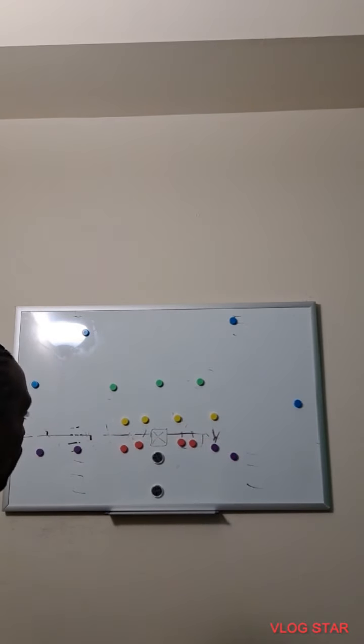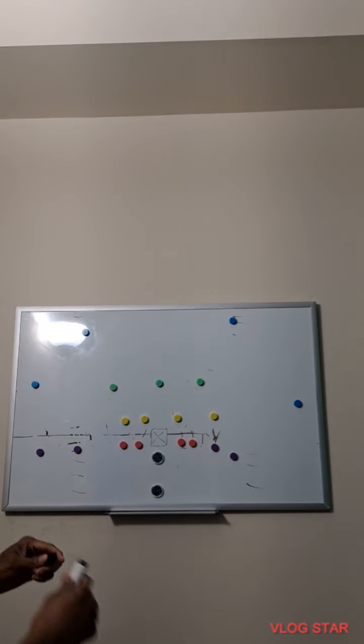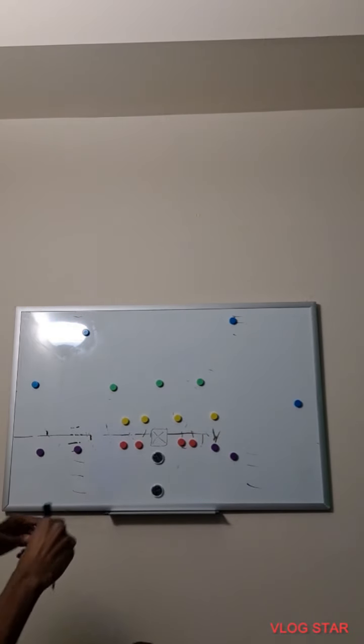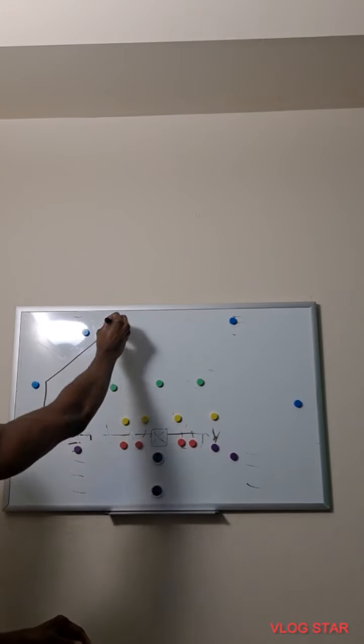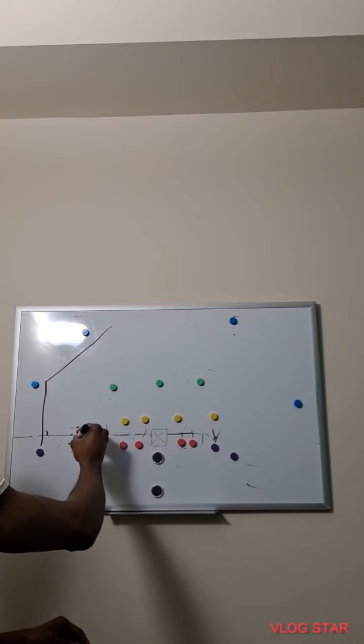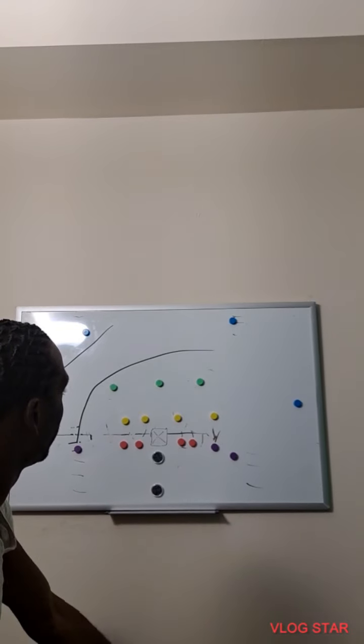So that makes them think a run is coming. But you know what you can do here? You can run post, and then you can run crosser if they want to play this zone, right?